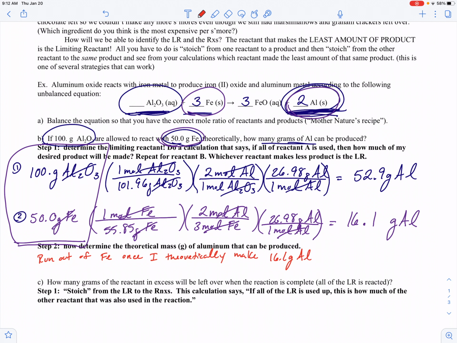So I theoretically think I can make 16.1 grams of aluminum. At that point, I will run out of iron. When you run out of iron, the reaction stops and you can't make any more aluminum. So you can't make all of this aluminum appear.